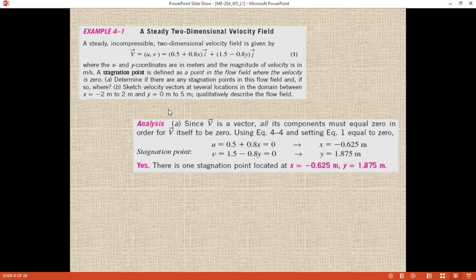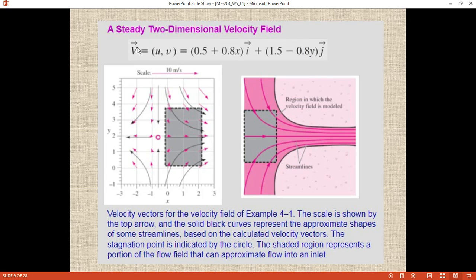Okay, so let's see. Here the function is given, and you can see the range is from minus 2 to plus 2, and this is from 0 to 5. We have to scale 1 equals 10 meters per second.